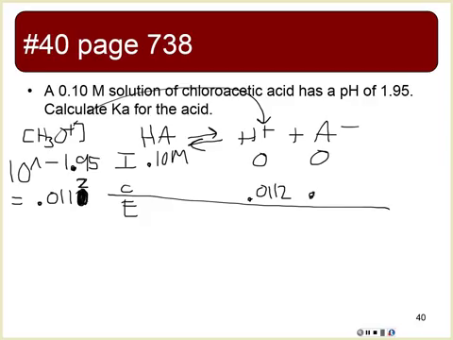Everything's a 1-to-1, so if you form 0.0112 of that, then you have to lose 0.0112 of our weak acid. So all you're doing is just subtracting out how much ionized. So you don't have 0.10 molarity technically because it's a weak acid, so only 0.0112 is ionized.